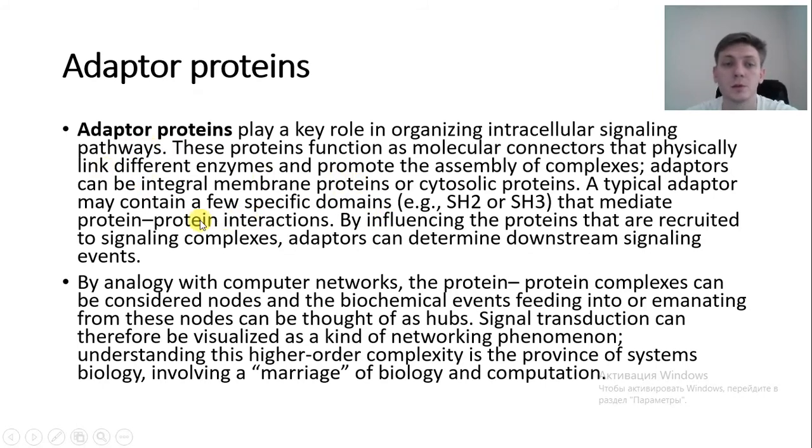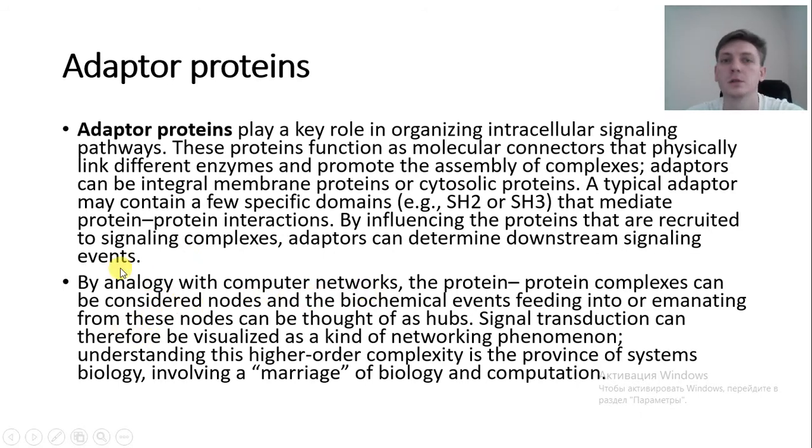A typical adapter may contain a few specific domains, for example SH2 or SH3, and these complexes join together to form other molecules that mediate protein-protein interaction. By influencing the proteins recruited to signaling complexes, adapters can determine downstream signaling events. Adapter proteins are not receptors themselves, but they act as ordered by receptors.